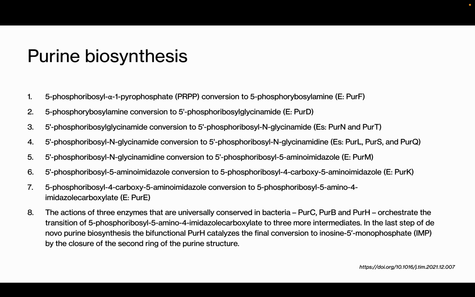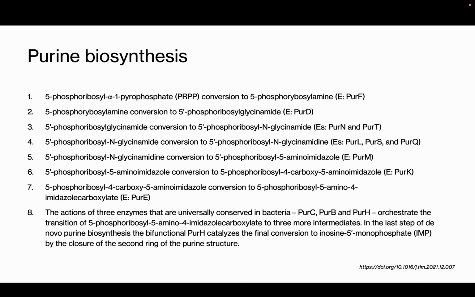Now, at the core of the pathways, here are the processes that are involved. For purine biosynthesis, a key molecule is PRPP. So let's remember this: 5-phosphoribosyl alpha 1 pyrophosphate. It's a multiple phosphorylated compound. It's a common precursor to purine and pyrimidine biosynthesis.